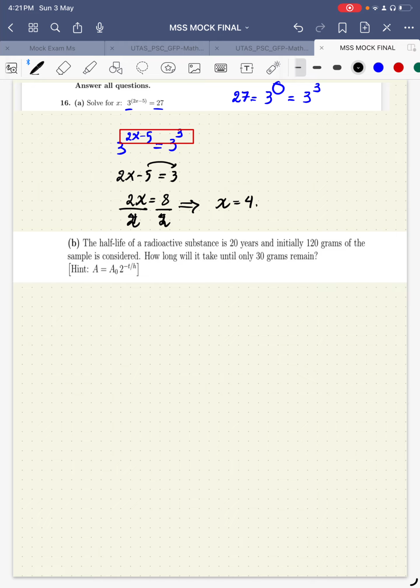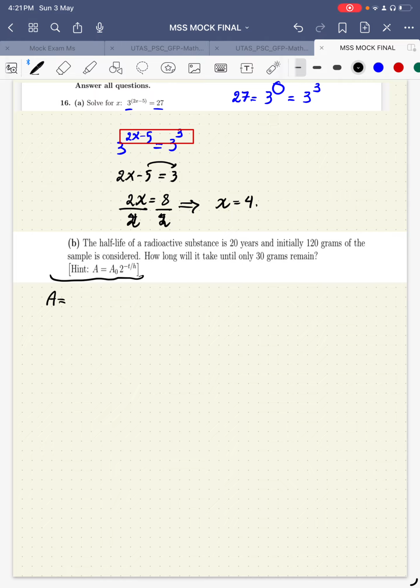How long will it take until only 30 grams remain? Remember, they actually gave me the model, and that's going to be the exponential application where we have a real life problem and we would like to convert it to math. So we're going to use the model, but before that, let's remind ourselves what we mean by the letters here.